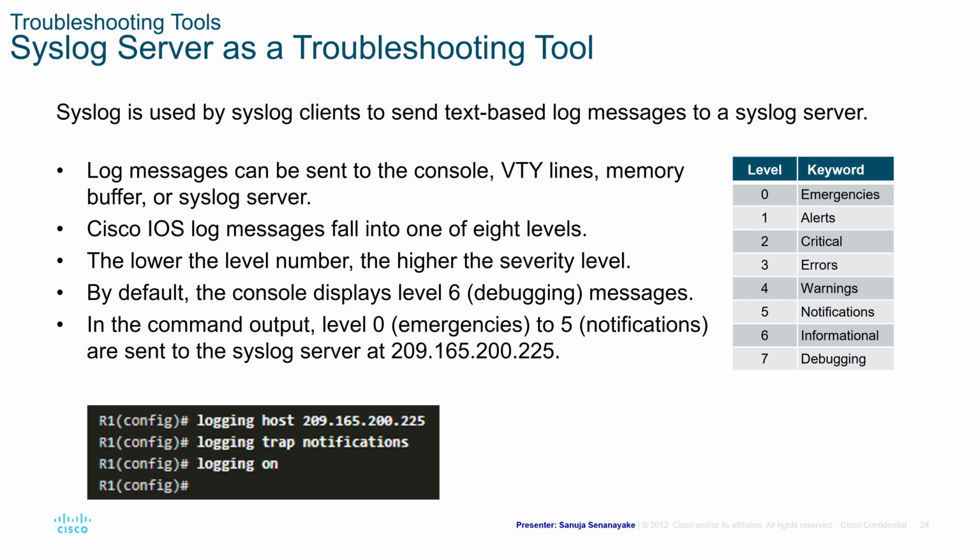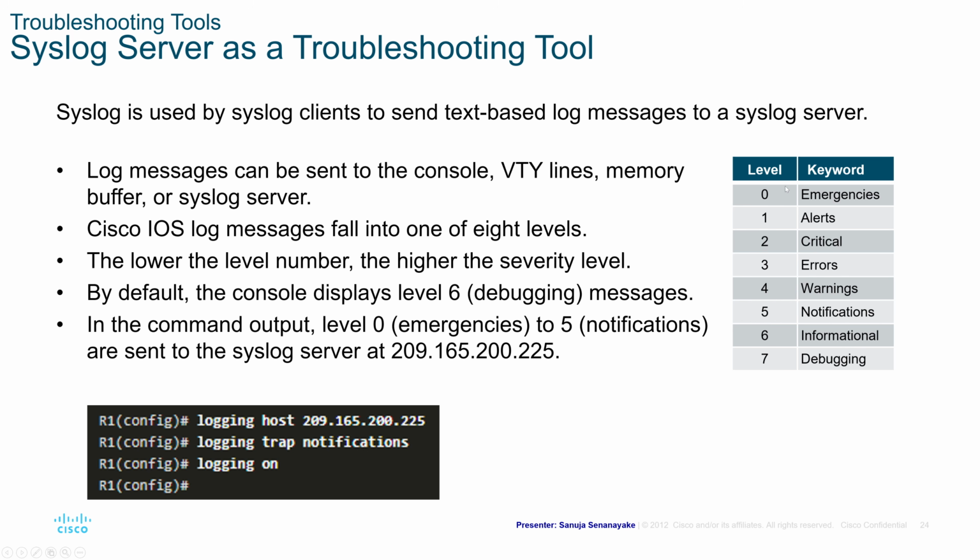On Cisco IOS, log messages fall into one of 8 levels, and those levels are listed on the right-hand side right here. In my previous lecture, I mentioned that the lower the level number, the higher the severity. For example, an emergency is going to be 0, alert is going to be 1, and the basic debugging and informational messages are going to be 6 and 7.